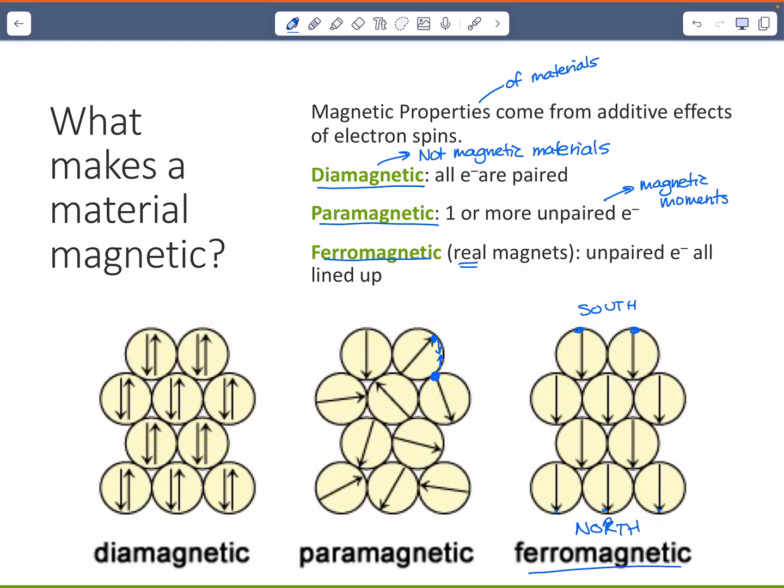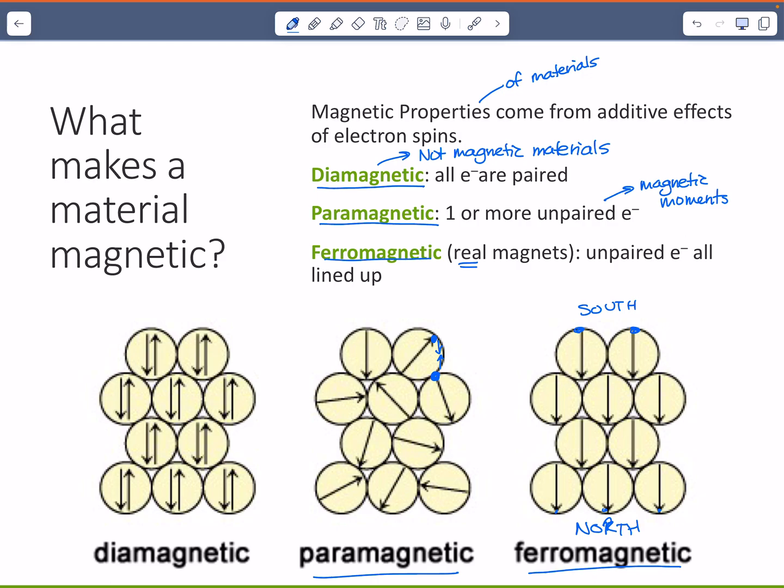Now, paramagnetic materials can be induced to become magnetic, because I've got the unpaired electrons. So if I subject them to a strong magnet or an electric field maybe, I can get those to line up.